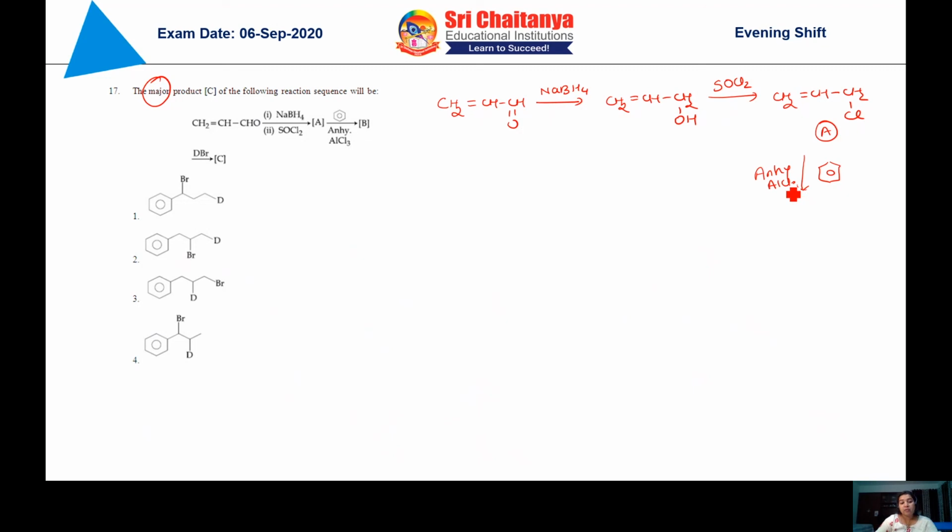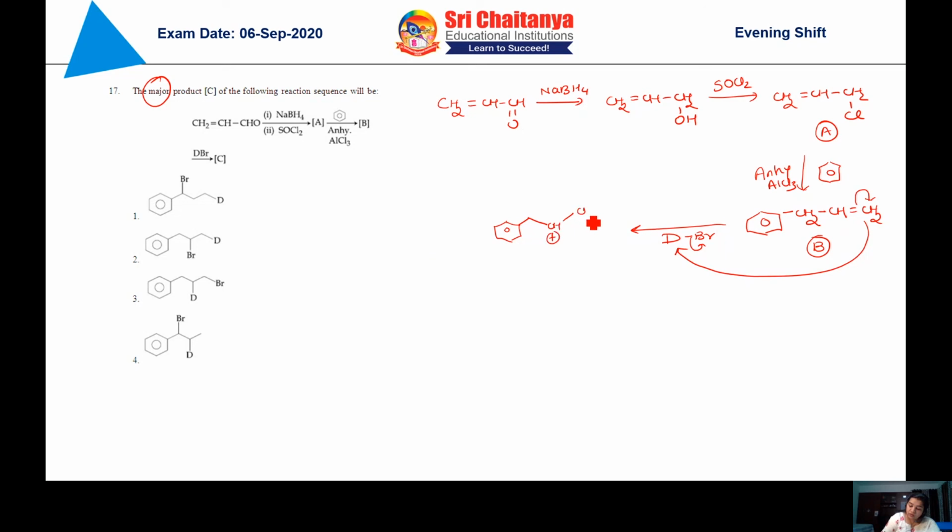This is our very famous Friedel-Crafts reaction. As a result of this Friedel-Crafts reaction, you'll get Ph-CH2-CH=CH2. This is the structure for B. Now it is said this reacts with DBr. So I'll have D positive, Br minus. For the more stable carbocation, the structure formed will be Ph-CH2-CH(+)-CH2D.